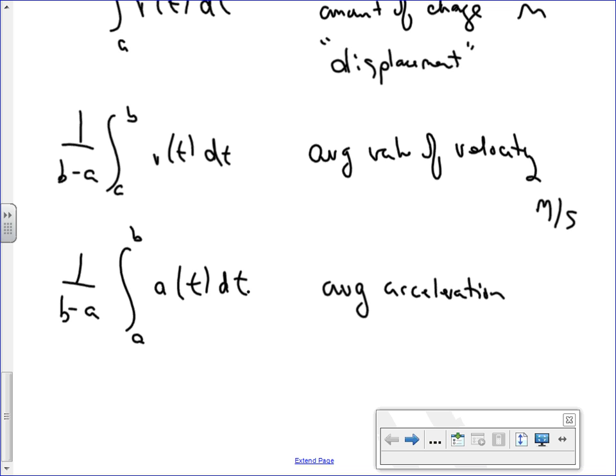And the units on this would be meters per second per second. So it's kind of using units to help you figure some things out.